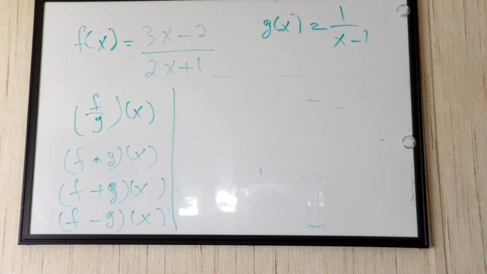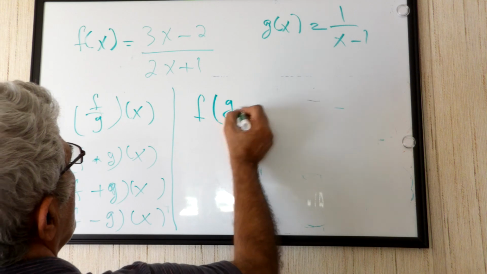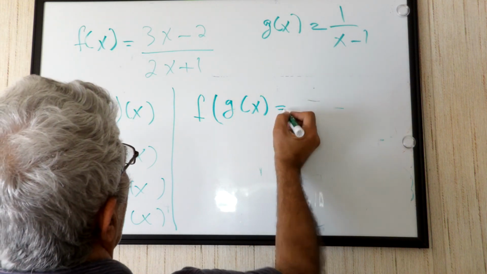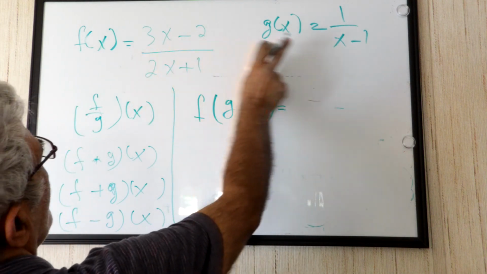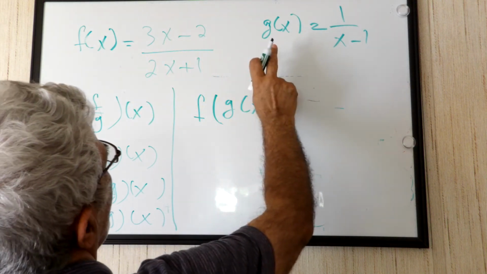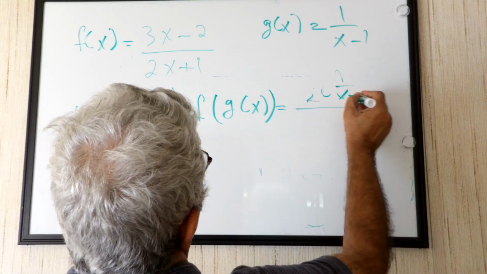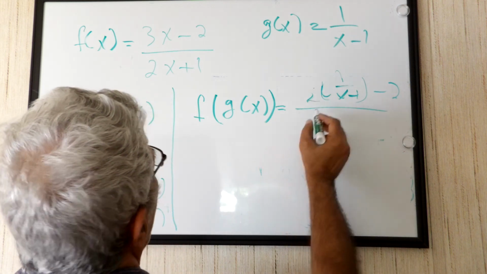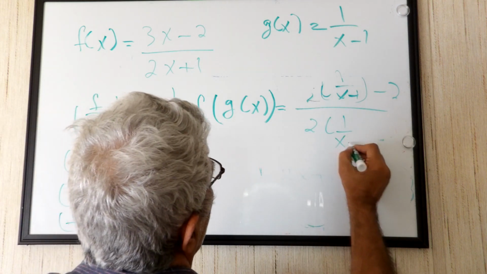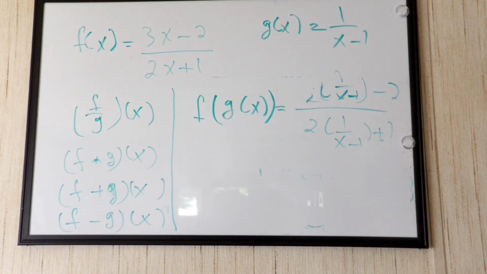That's a difference: if we have f of g of x, you put the value of x, whatever x is, 3 times 1 over x minus 1, minus 2, and then we have another plus 1.